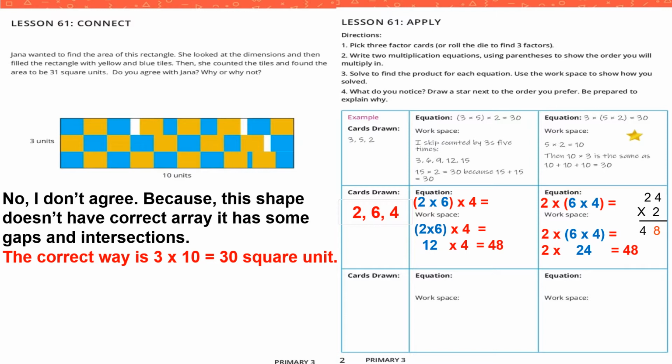Okay? The second card, 4, 5, and 7. Let's apply associative property. 4 times 5 between 2 brackets times 10. And the second way will be 5 and 10 between 2 brackets, then multiply 4. 4 times 5, 20. 20 times 10.